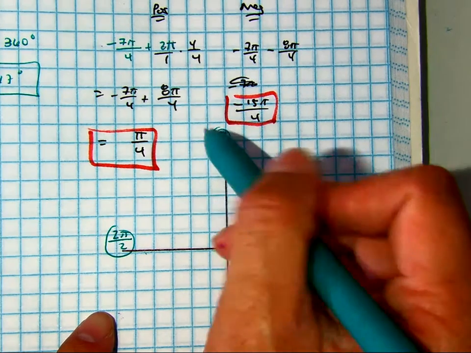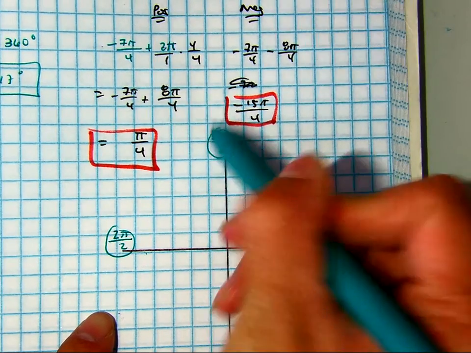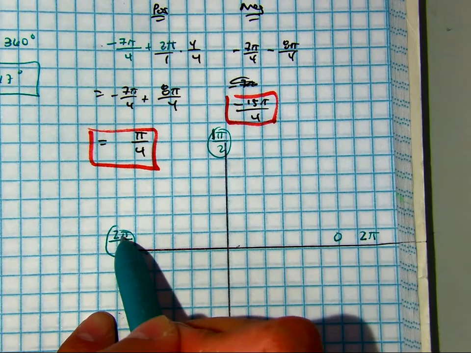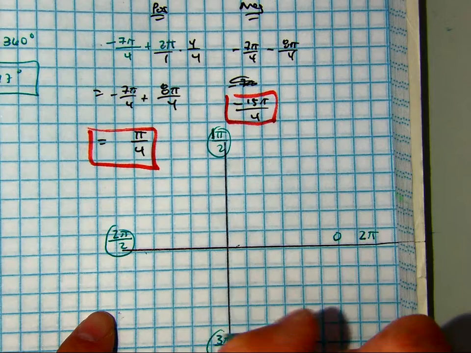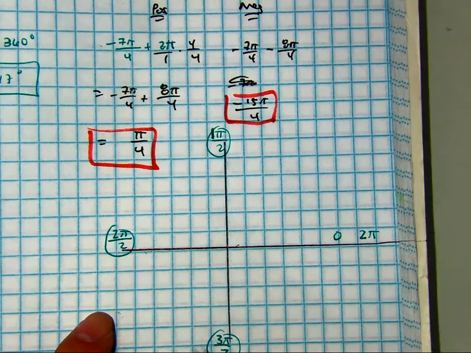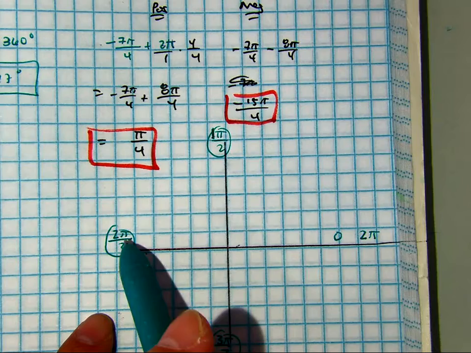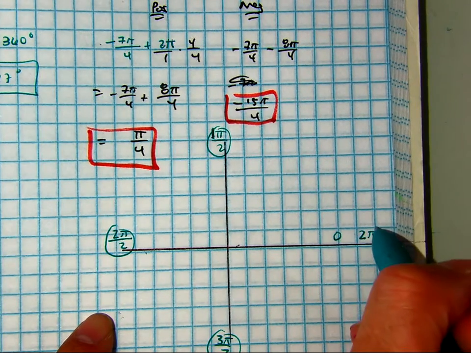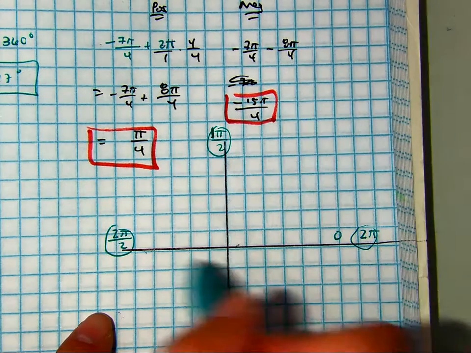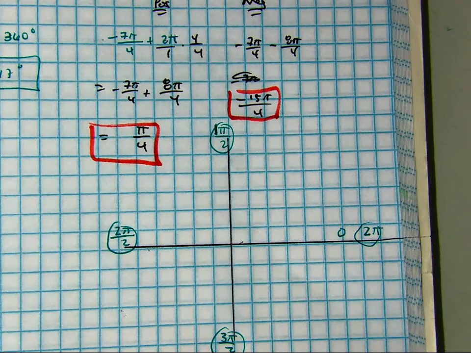And then 1 pi over 2 plus 2 pi over 2 gives you 3 pi over 2. 90 plus 180 gives you 270, so pi over 2 plus 2 pi over 2 gives you 3 pi over 2. If someone just asked me, is this the quadrantal angles of the unit circle? They are, of radian measures.